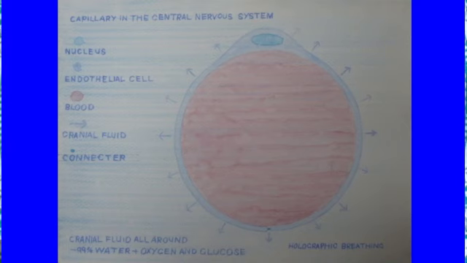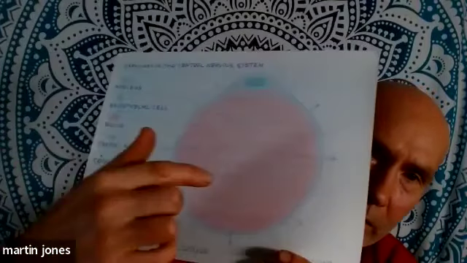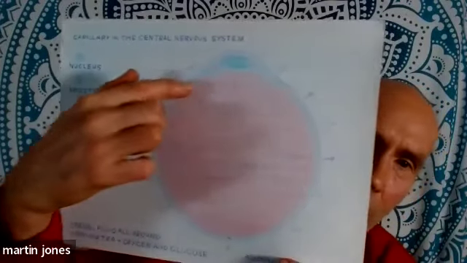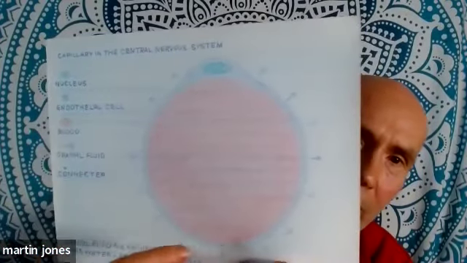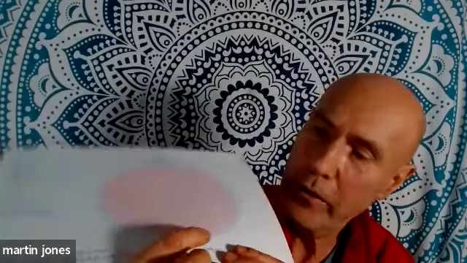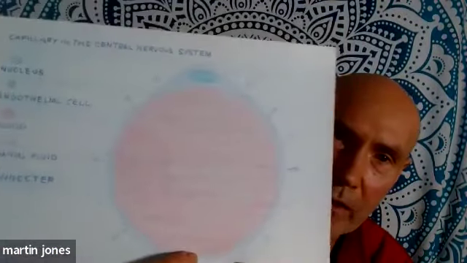And let me just show you a picture of that on the endothelial cells. So through the whole brain, all the capillaries, see this around it, this is an endothelial cell, this is the blood in the middle, that is a neuron, and where it joins at the bottom, that is a tight connection.